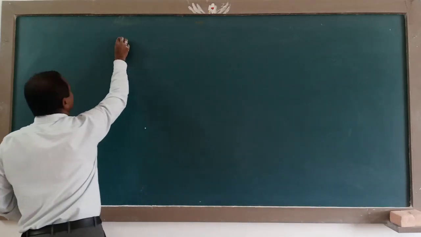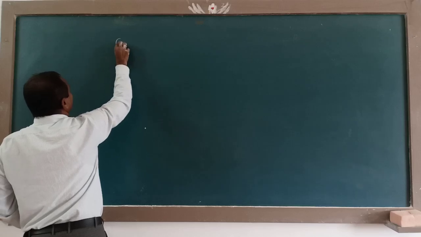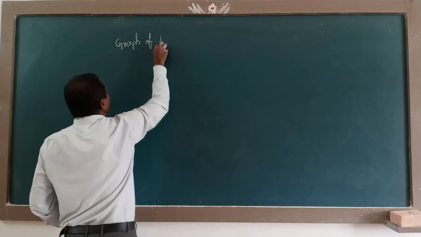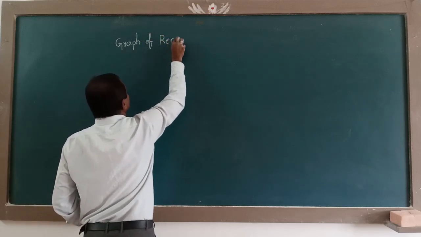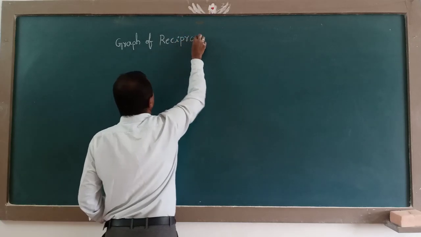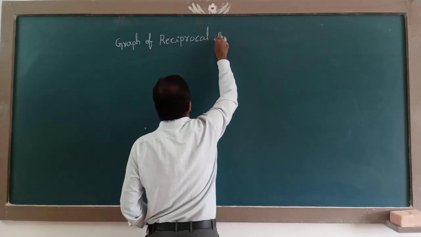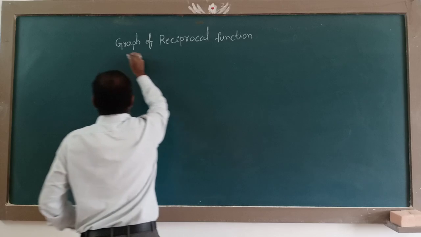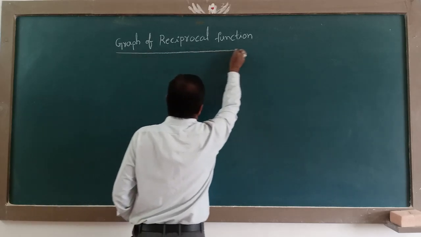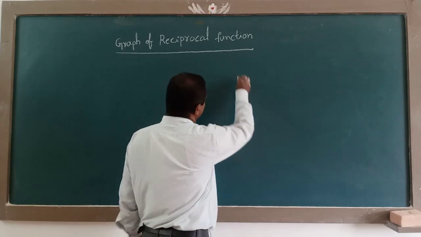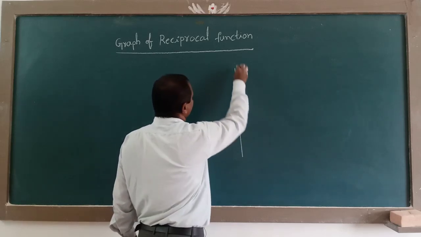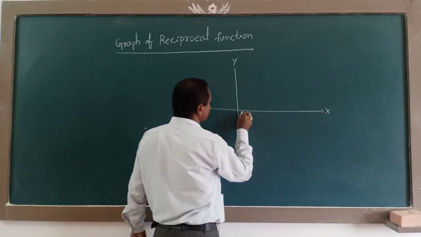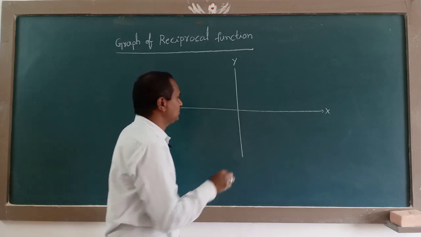Graph of reciprocal function. The y-axis, x-axis, the point of intersection of x and y-axis is called origin.